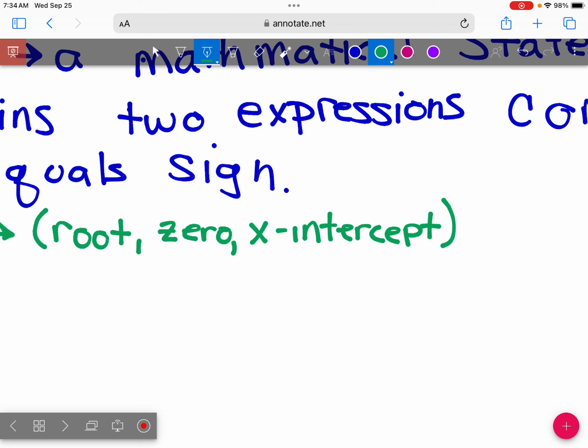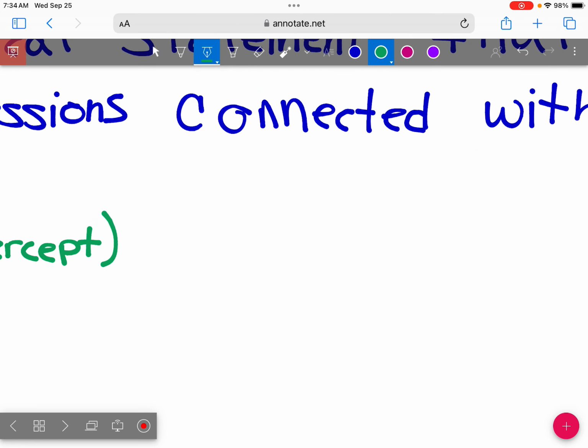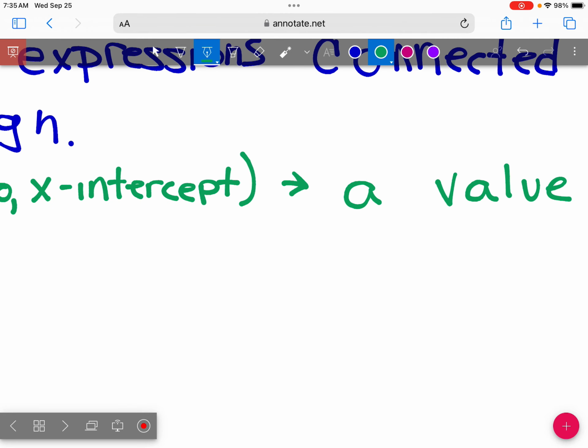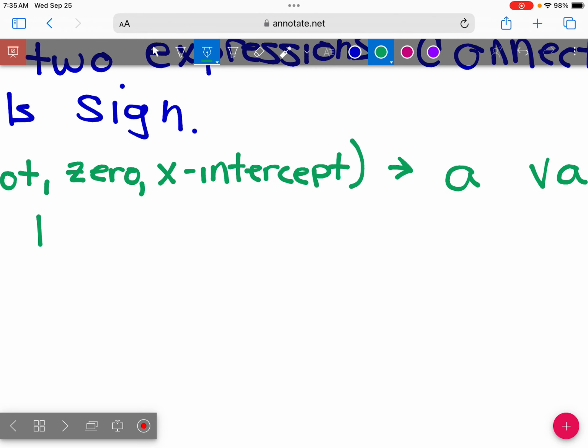Most of those are more for when we get into things that do have powers, but I like to always toss them out all at the same time because we sometimes struggle with that because it's 4 words that mean the same thing. So our solutions are a value that make an equation true.